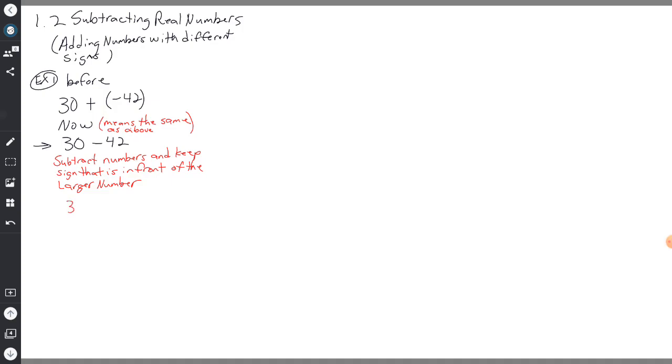So that means we would look at it like this here, 42 minus the 30 to give us what? So 12, and then we keep the sign that was in front of the larger number.